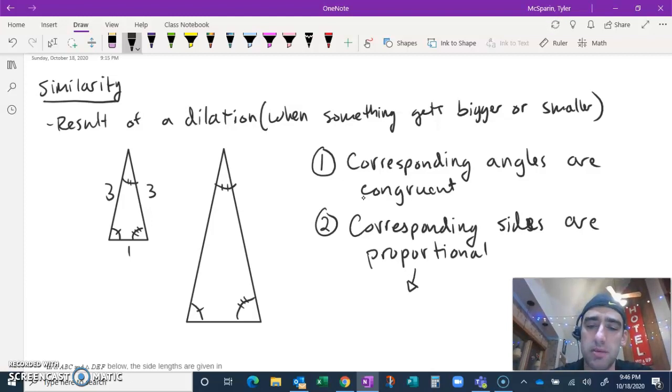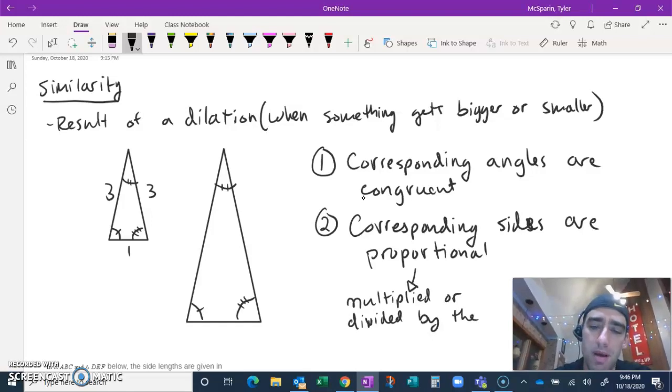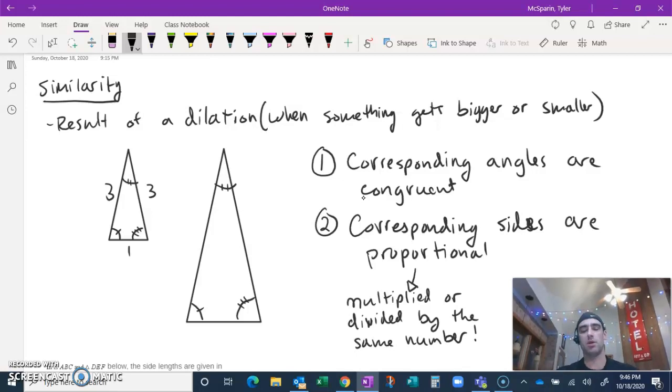Proportional means multiplied or divided by the same number. All right, so what does that mean?